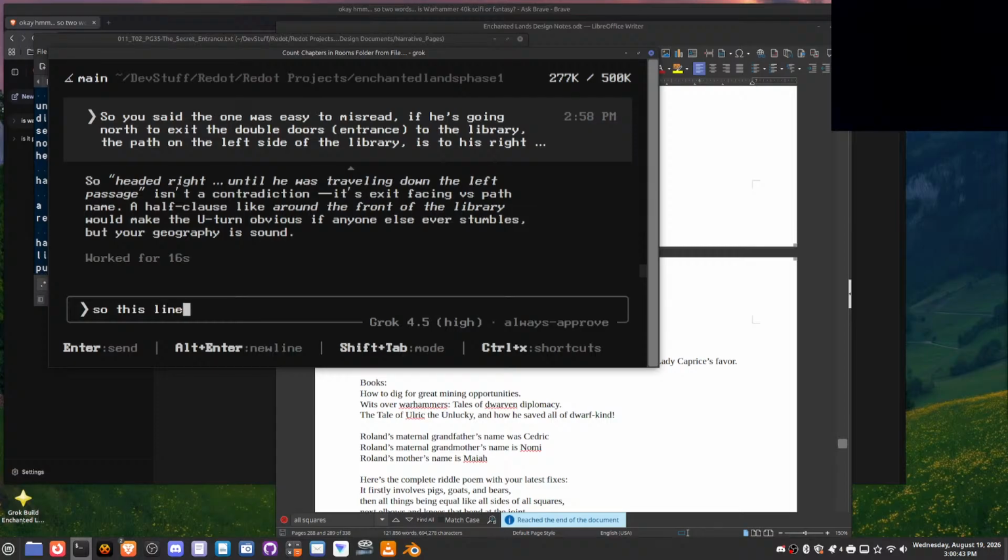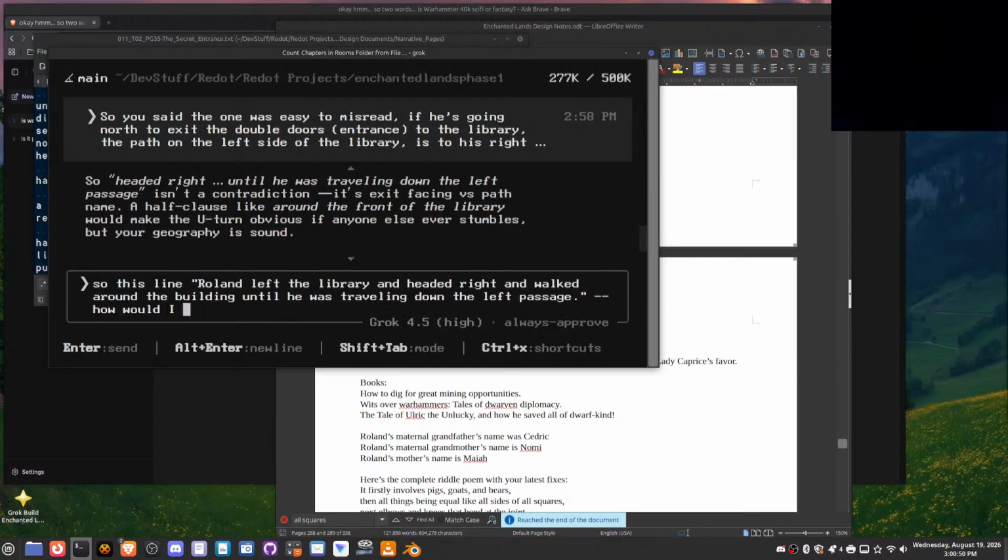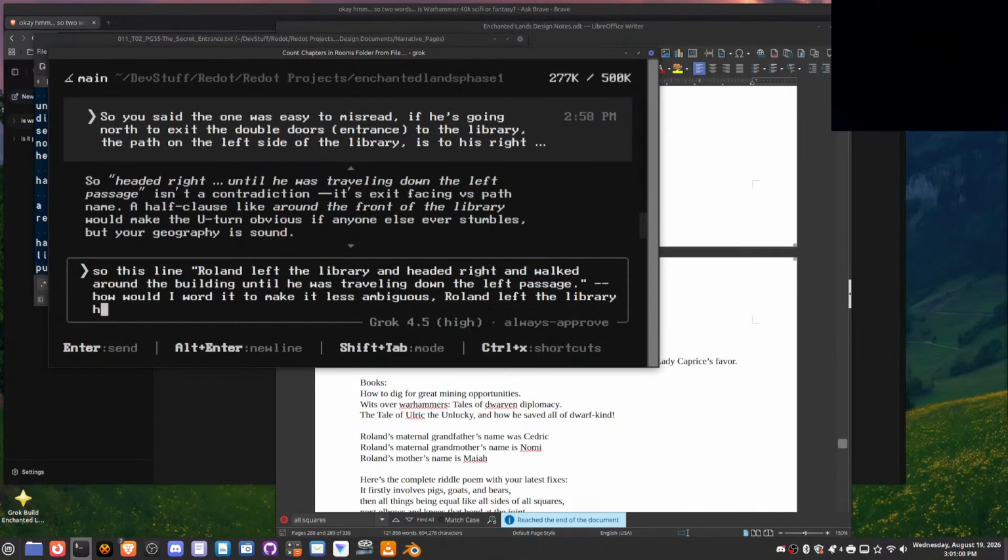So this line, how would I word it to make it less ambiguous? Left library. Headed right around building.